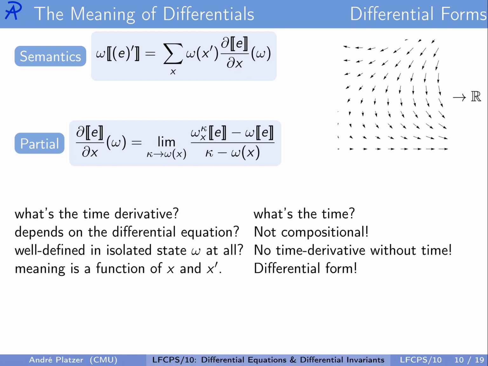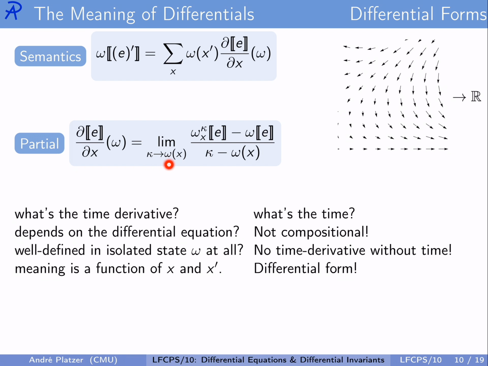Remember, what are partial derivatives? The partial derivative of the value of e in the state omega as x is changing is the limit as a variable kappa is approaching the value that the variable x has at state omega.